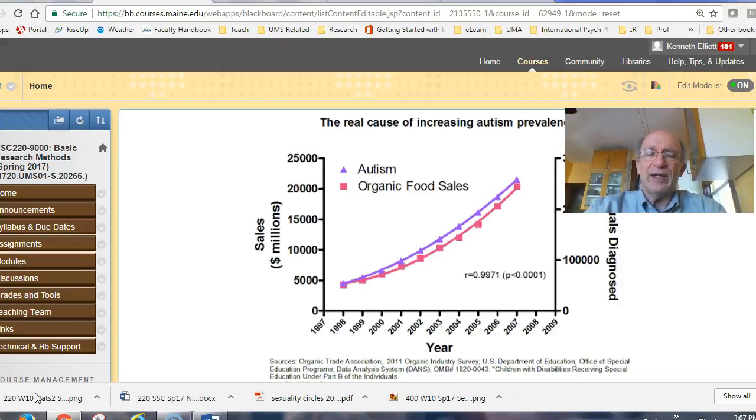That's a new kind of thinking for some students, and so being clear on that is important. Again, the example here is looking at this graph of measures of autism and organic food sales. We see that there is definitely a relationship, but we do not conclude that organic food sales cause autism, although some might take that position.